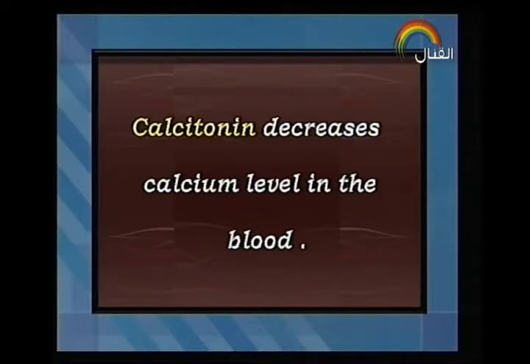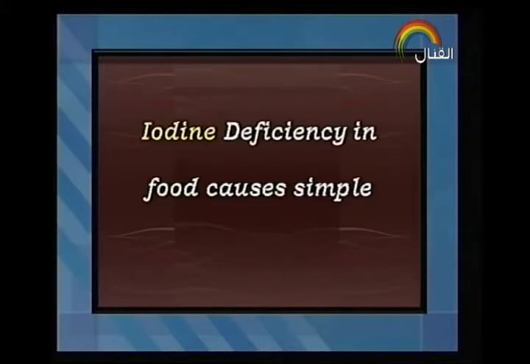But we also have some diseases that may happen by increasing or decreasing of those hormones. Like what? Like iodine deficiency in your food, which may cause simple goiter. And I have here a picture for you to know what it means.